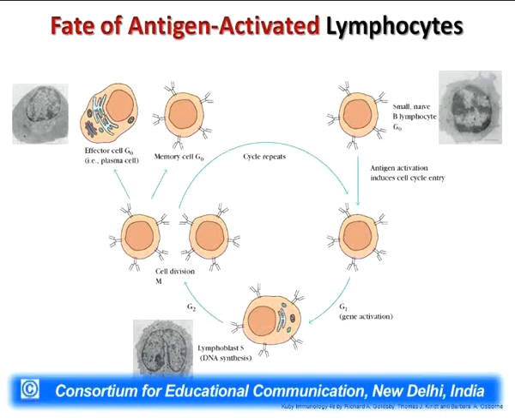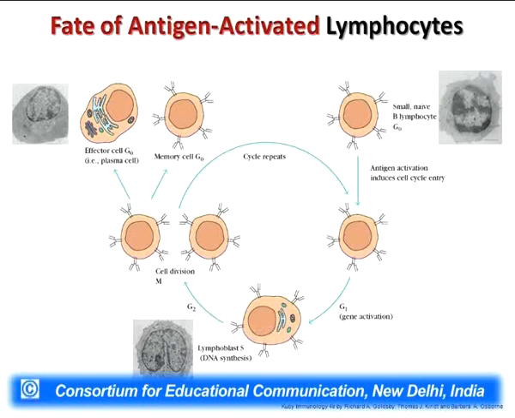So the cell cycle arrest is now removed. The B lymphocytes go into the cell cycle where the G1 phase starts, in which most of the genes get activated. Subsequently, the S phase starts where DNA synthesis occurs, and lymphoblasts are formed.